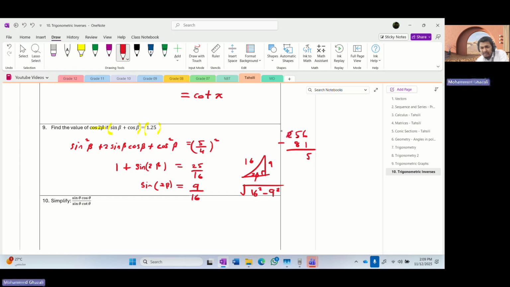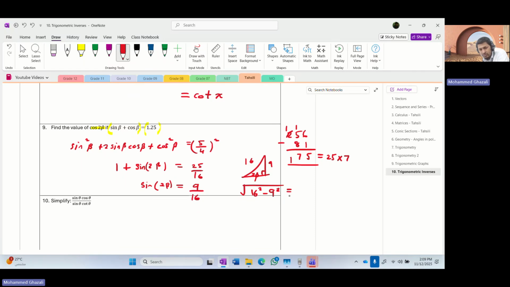5 minus 1, 4, 15 minus 8, 7, 175. And 175 is equal to 25 times 7.